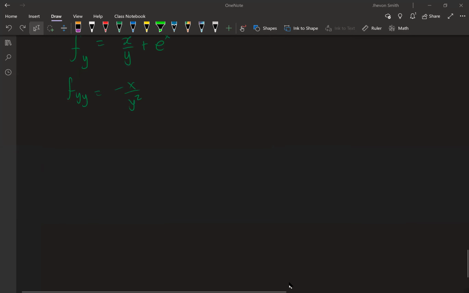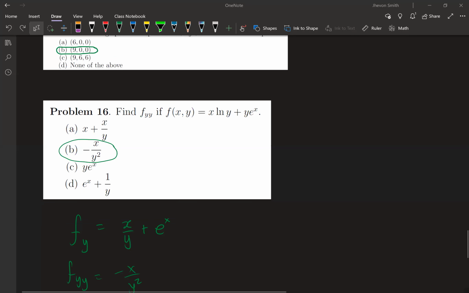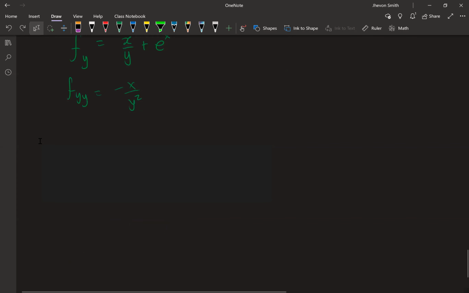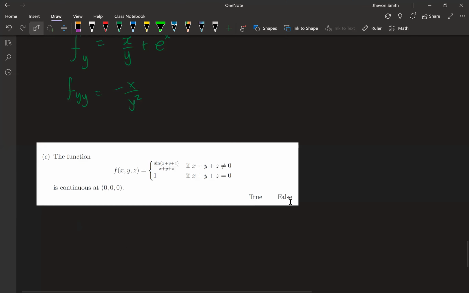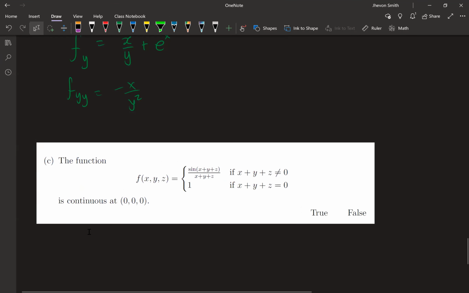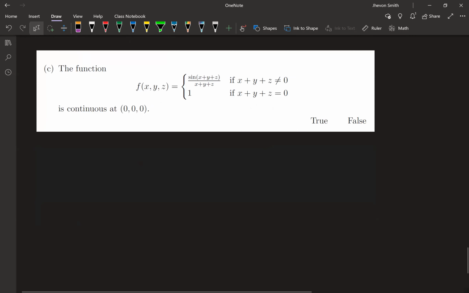So yeah, that was fun. Let's see, I know I saw some limit problems, but in the meantime, true on this, it would involve a limit. Is that function continuous at the origin?